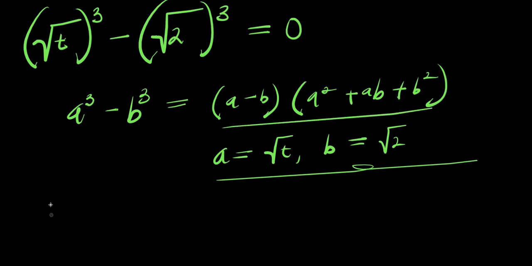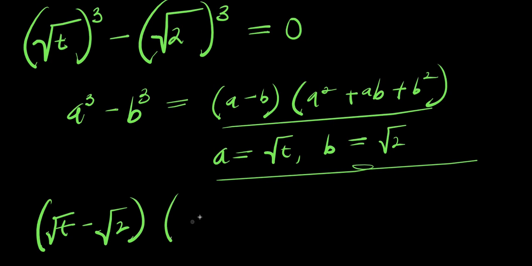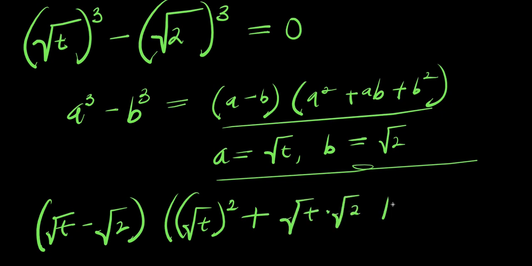That means we are simply going to have square root of t minus square root of 2 as a minus b, times square root of t to the power of 2 plus square root of t times square root of 2 plus square root of 2 to the power of 2, and this equals 0.